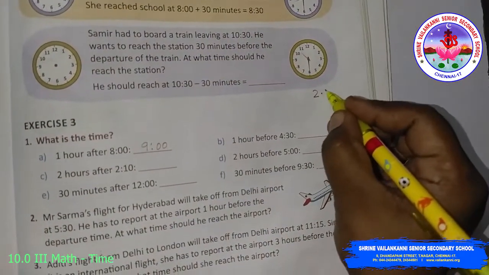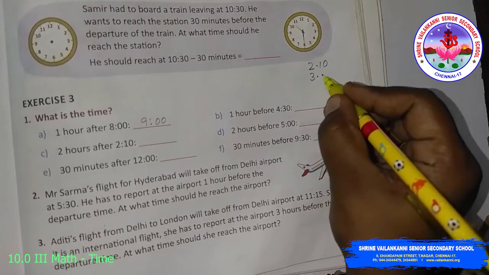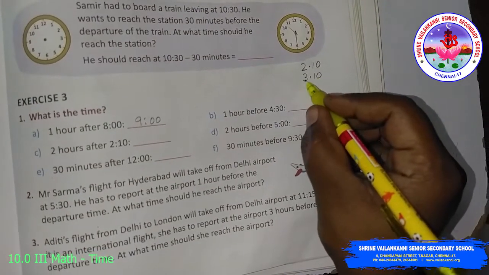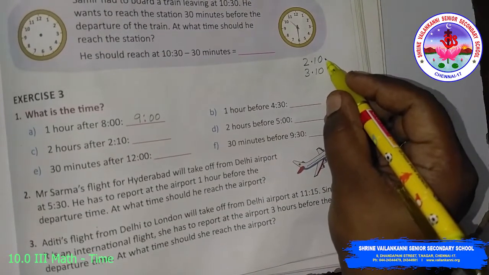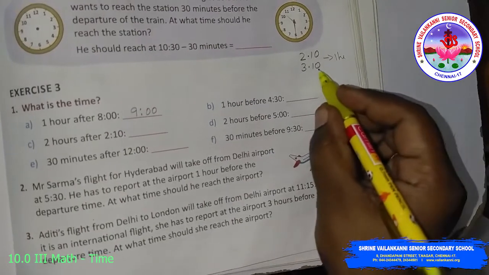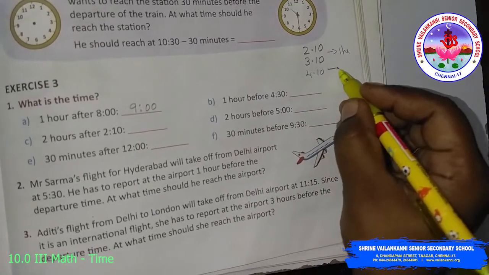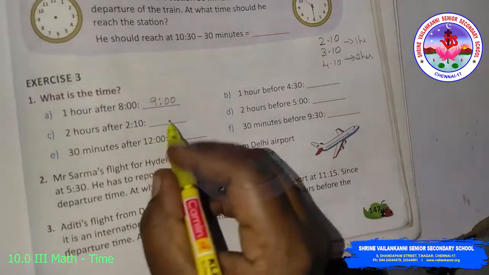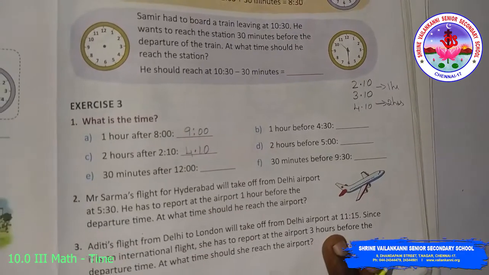I am writing here 2:10. 1 hour after, what will be the time? 3:10. The minutes will be the same; the hour alone will change for 1 hour. So from 2:10 to 3:10 is 1 hour, and from 3:10 to 4:10 is 2 hours. So after 2 hours the time will be 4:10.